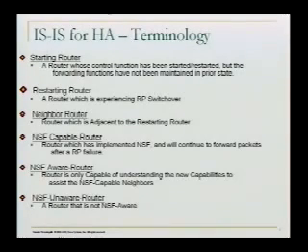And HA comes with the following terminologies in order to understand the subsequent slides: we have a starting router, a restarting router, and a neighbor router, and then we have an NSF capable router, NSF aware, and NSF unaware.